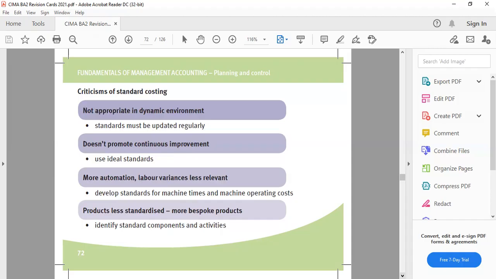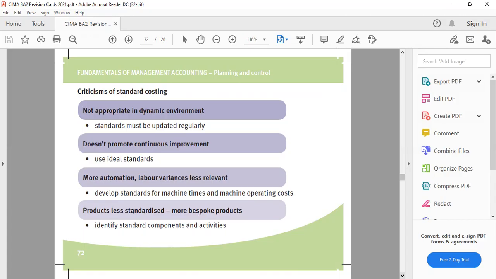Then it says it doesn't promote continuous improvement, and uses ideal standards. They generally use the best, ideal possible scenario to decide what the standards should be. More automation makes labor variances less relevant. Variance is useful only when the work is carried out by manual hours, so the labor hours.